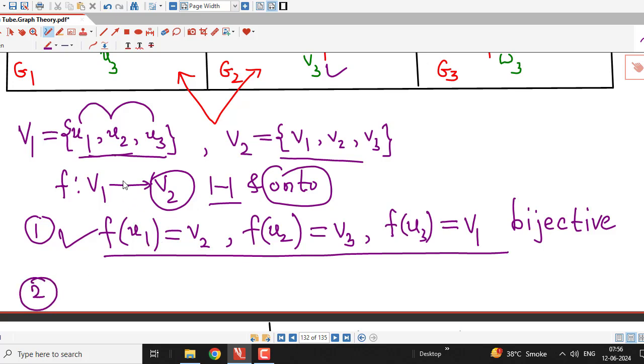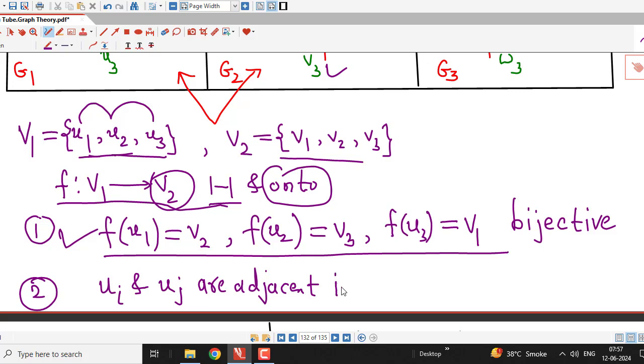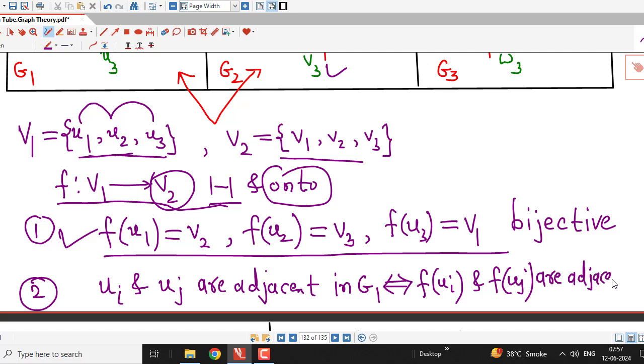The second requirement is that this function is constructed in such a way that whenever two vertices are adjacent in one graph, ui and uj are adjacent, where adjacent means they are joined by an edge. ui and uj are adjacent in G1 if and only if their image vertices f of ui and f of uj are adjacent in G2.